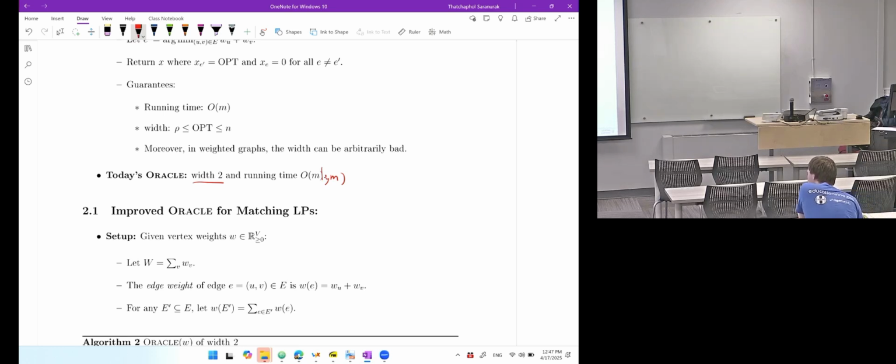Now I'm going to define the edge weight in a natural way. The weight of an edge is the sum of the weights of its endpoints, and the weight of a subset of edges is the sum of the weights of each edge in the subset.